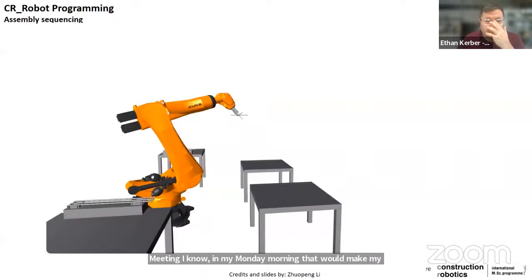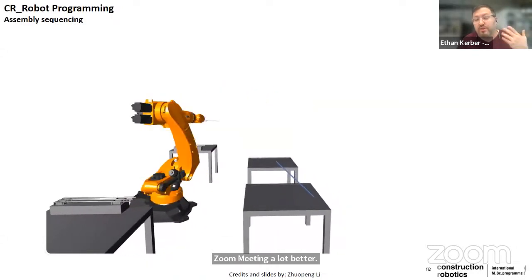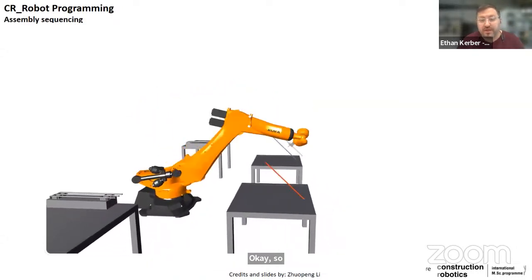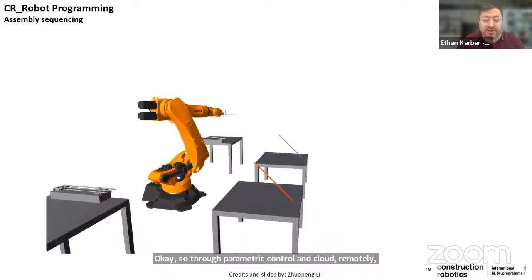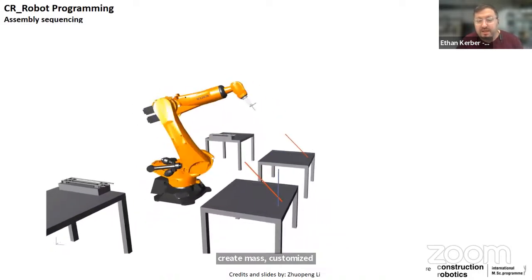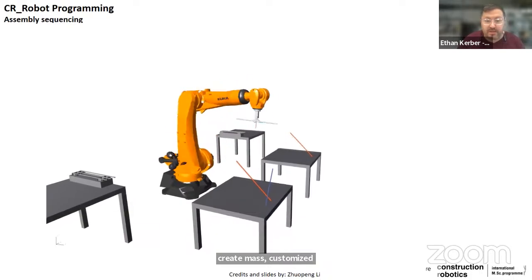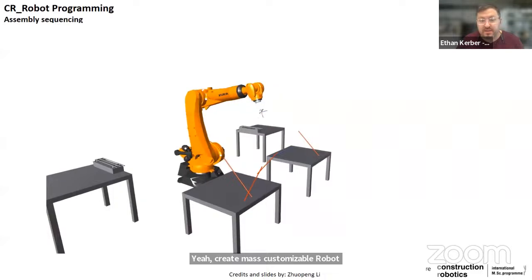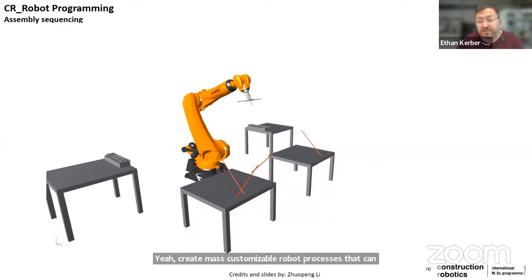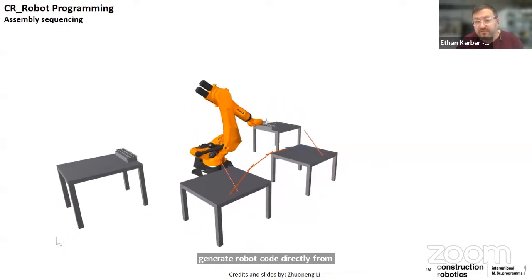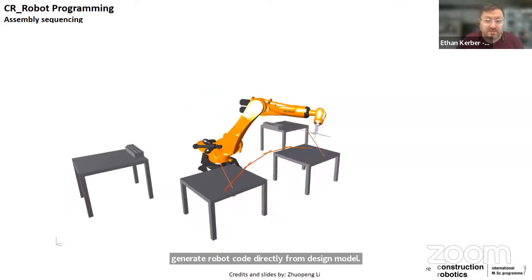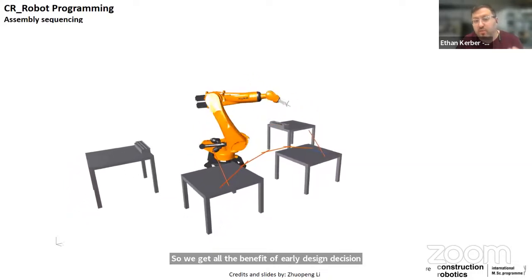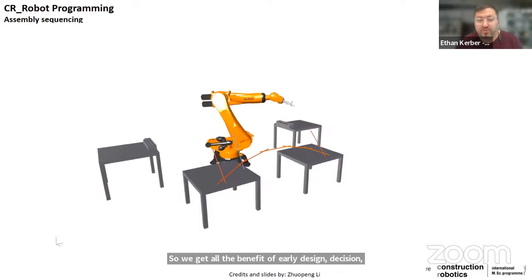Okay, so through parametric control and cloud remote control, we can create mass customized design to fabrication programs that allow us to simulate, to animate, to create mass customizable robot processes that can generate robot code directly from design models. So we get all the benefit of early design decision assistance tools so that we can make our designs more buildable with robotic processes.